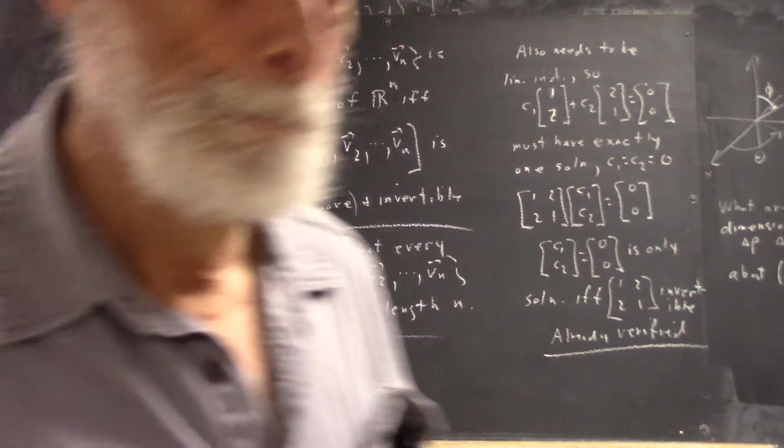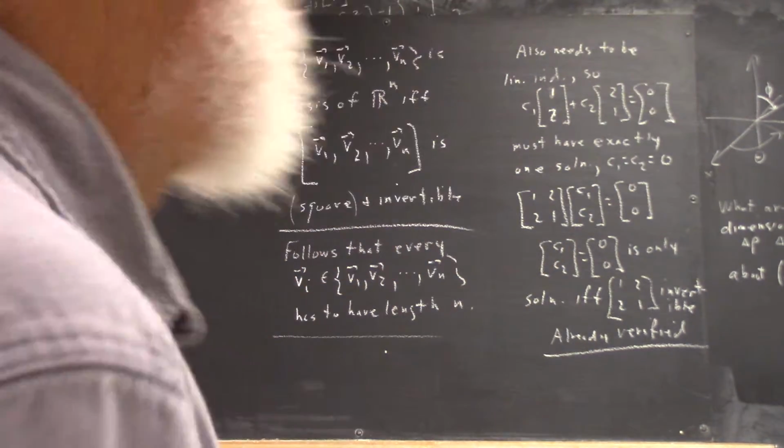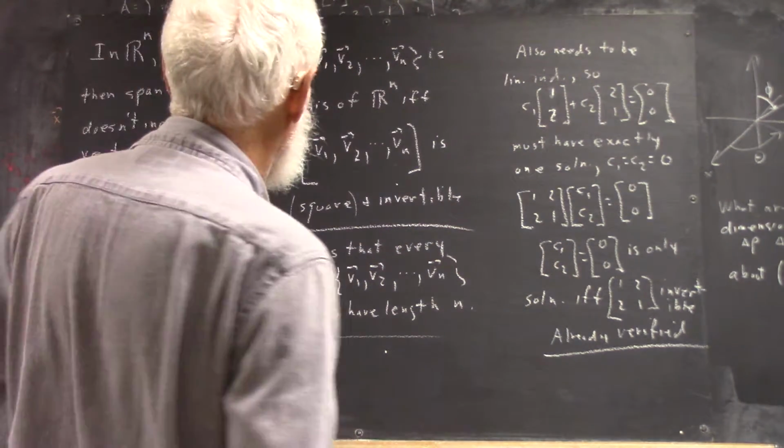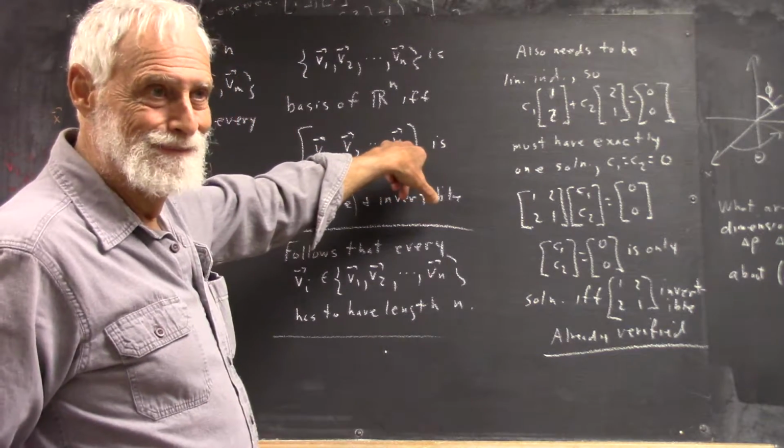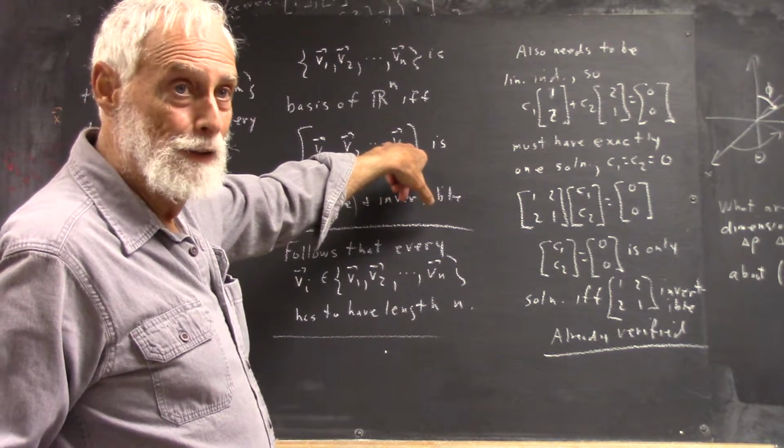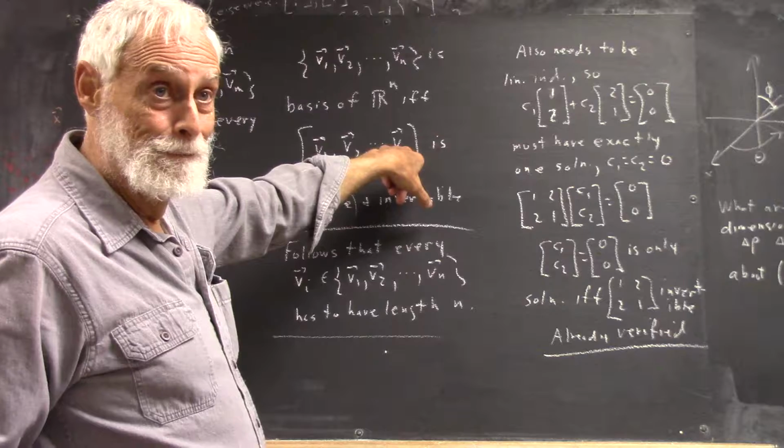Okay? It can't. You need n of these things, at least n of these things, to span Rn.